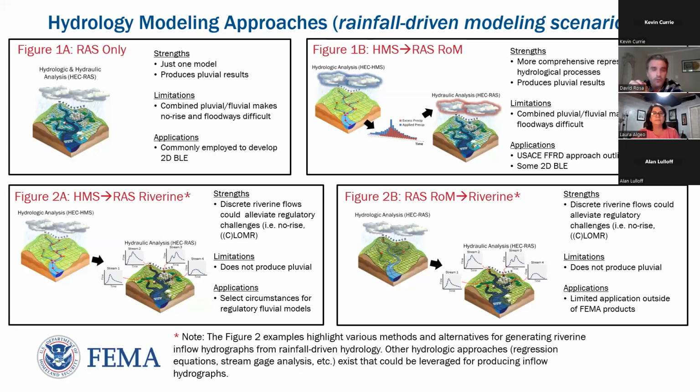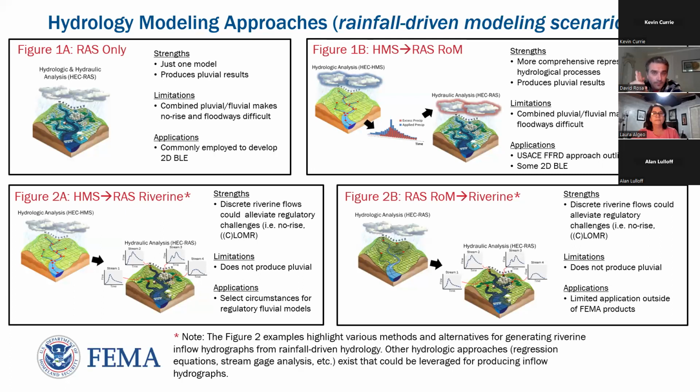So if you're dropping rainfall in your model, you're only using HEC-RAS. You're relying on the somewhat limited capabilities of RAS to account for hydrological losses, but you're producing pluvial and fluvial results, and you're just relying on one model. And so those are some strengths.